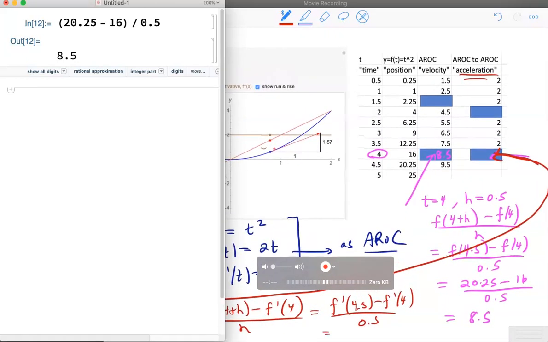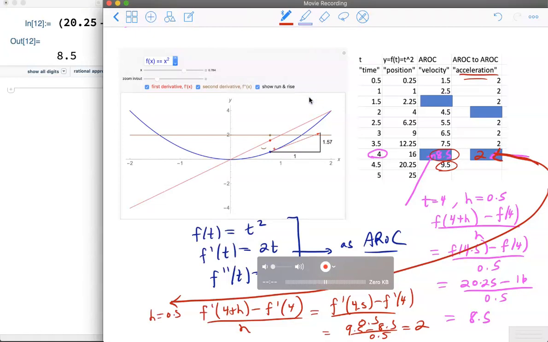We would have those numbers 8.5 and 9.5, divided by 0.5, and that will come out to be 2. So here is an example of a function where the average rate of change, the velocity, is growing linearly, and the average rate of change of the average rate of change is a constant.